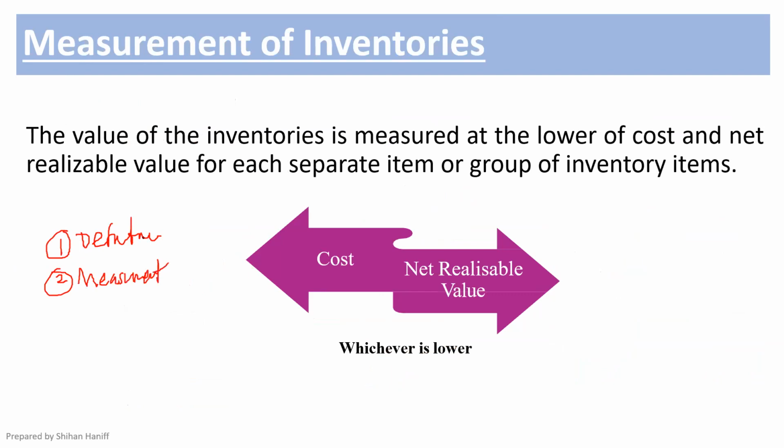This is a very important point because this is useful for company final accounts, sole proprietorship, partnership, and other preparation of financial statements. So the measurement is: the value of inventories is measured at the lower of cost and net realizable value.